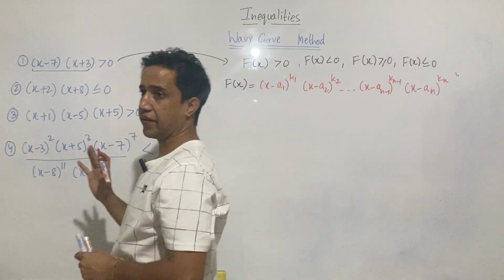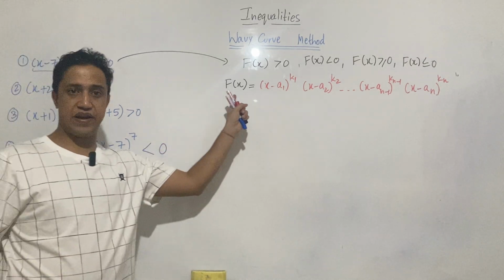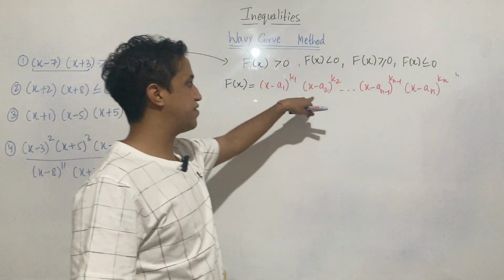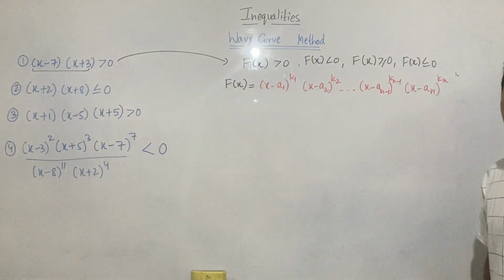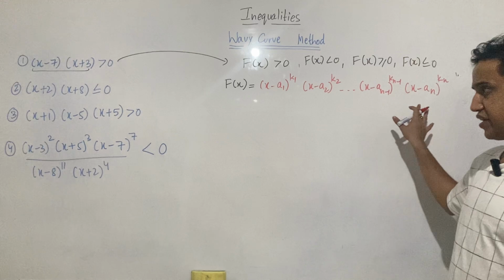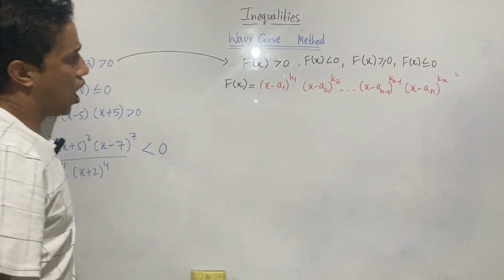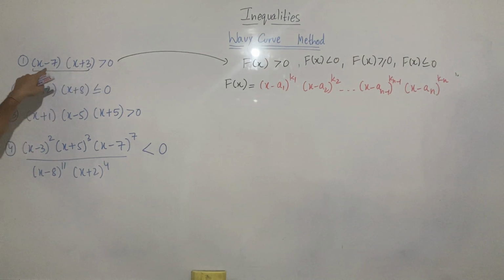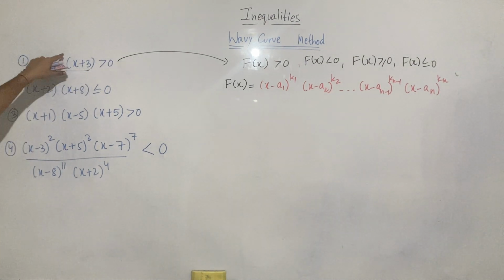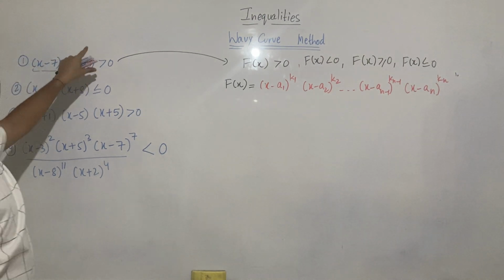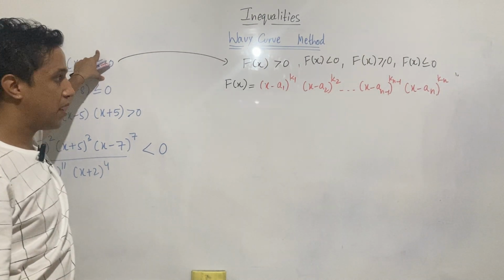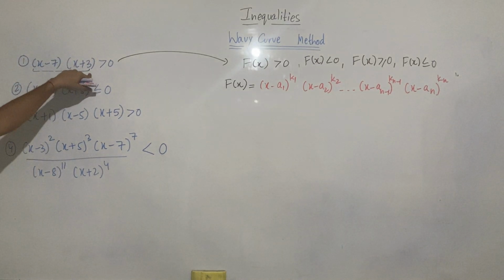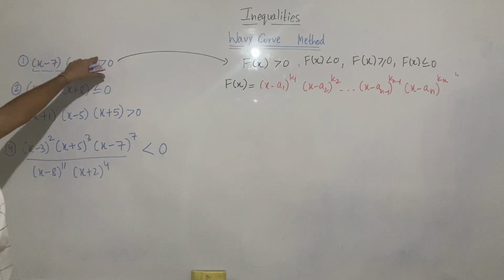I have just represented f(x) as the product of factors. If I have n factors, this is how the factors will look. Here I have two factors, so I can represent them as (x minus a1) raised to k1 and (x minus a2) raised to k2, and I know the values of a1 and a2. Here k1 is going to be 1, k2 is going to be 1.